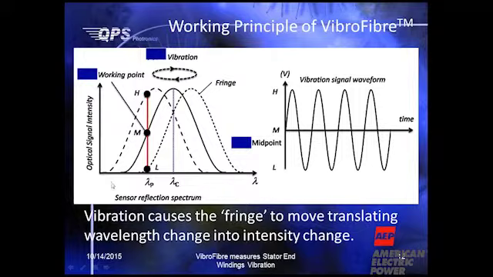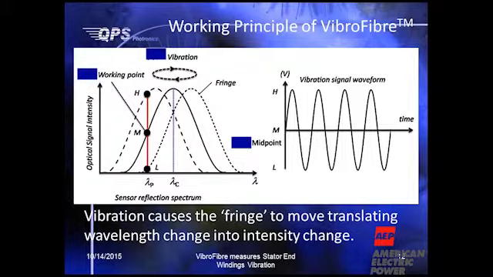And this PID allows us to place an operating point anywhere we want. And in this particular case, we place the operating point at the rising slope of one of the fringes.